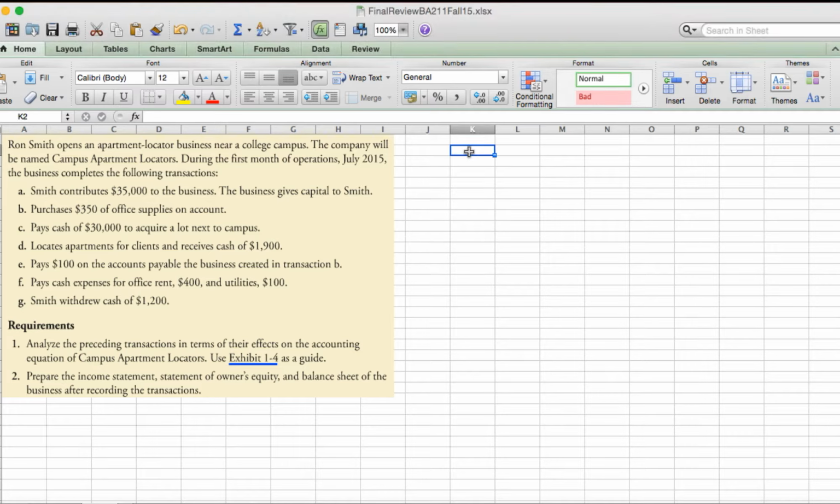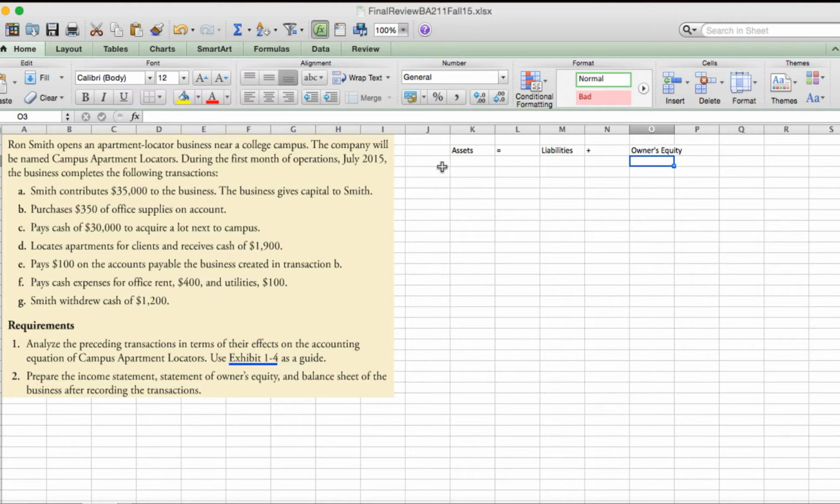If you remember, the basic accounting equation is assets equal liabilities plus owner's equity. Each one of these transactions will affect the equation in a way that it will still be true and equal when we're done with each transaction.